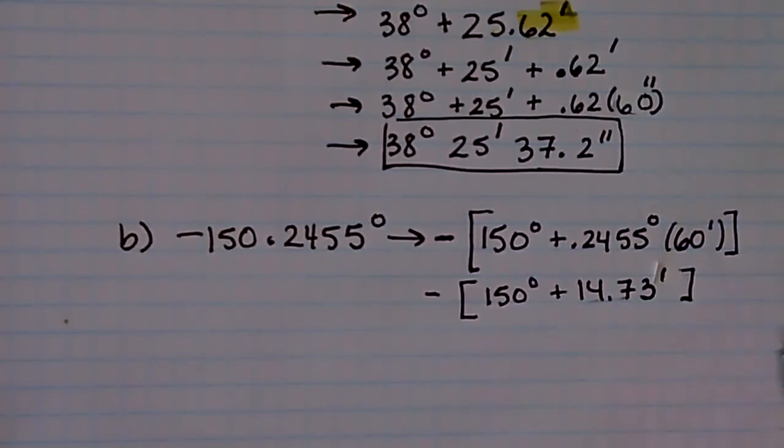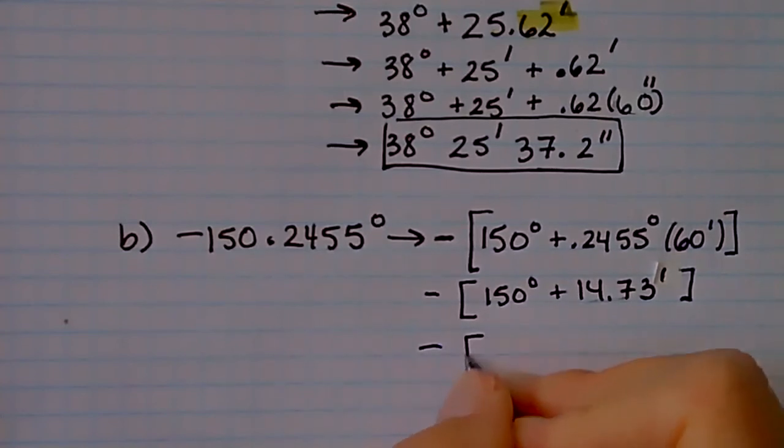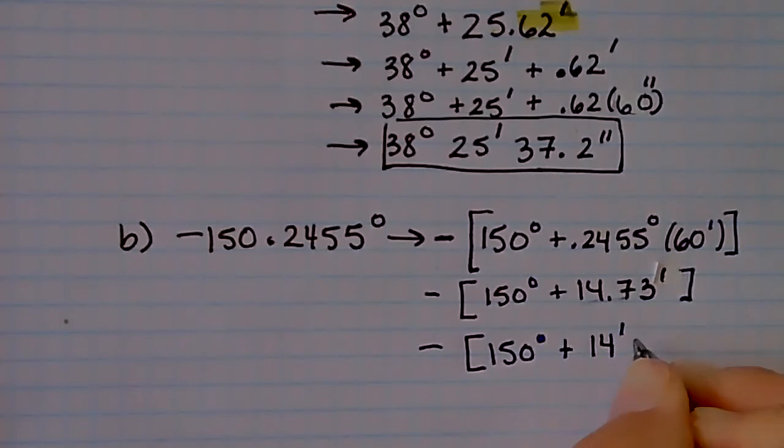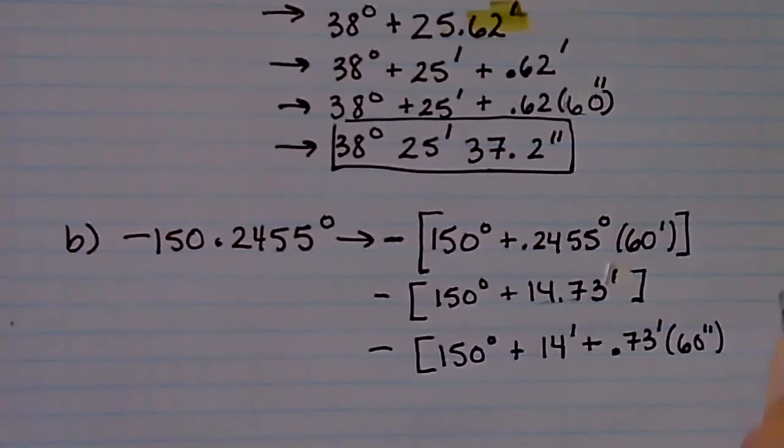Jumping ahead, minutes, okay? So now I'm going to take my 150 degrees and I have 14 minutes, and I'm going to take my 0.73 minutes and times it by 60 seconds.